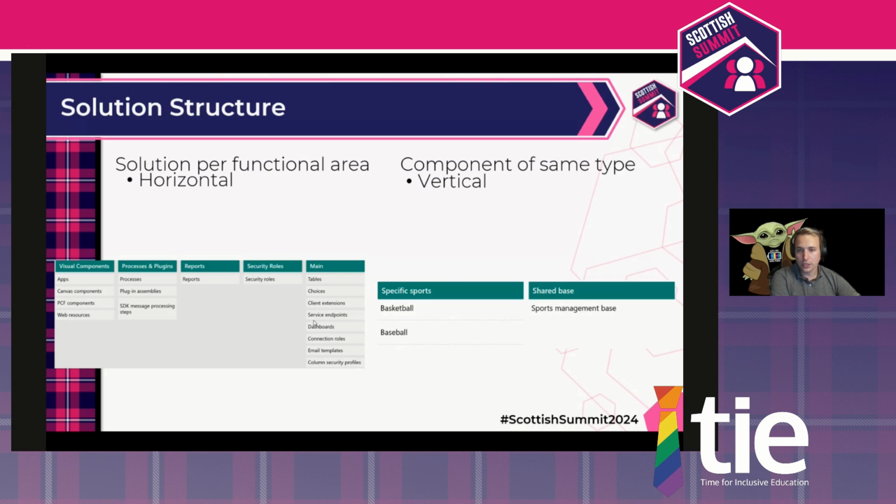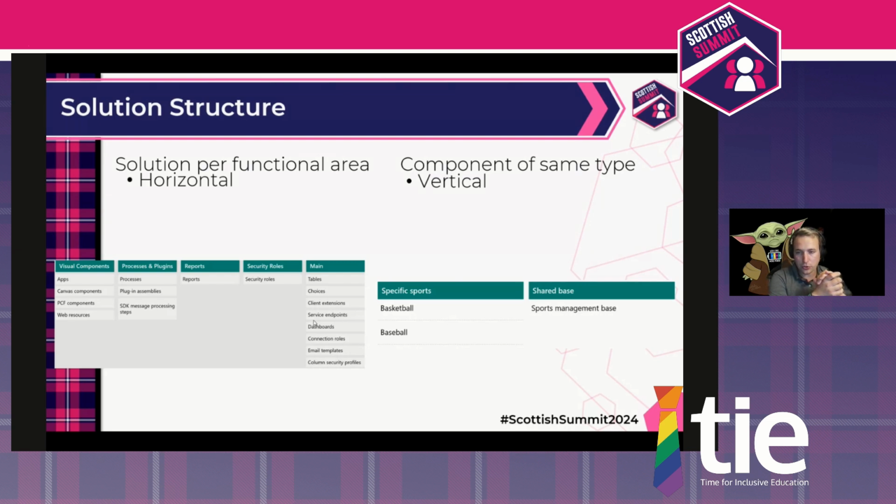So you could have a main solution, which contains the tables and the choices and so on. Then you have maybe a security role solution, a report solution, and process and plugins, where you have all your plugin assemblies and processes and plugin steps and so on.